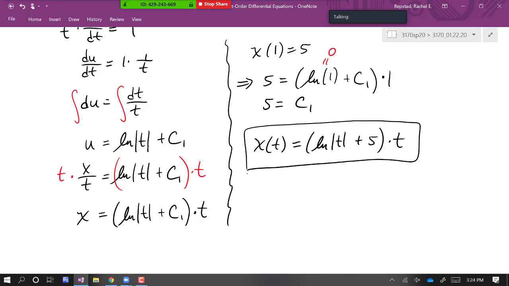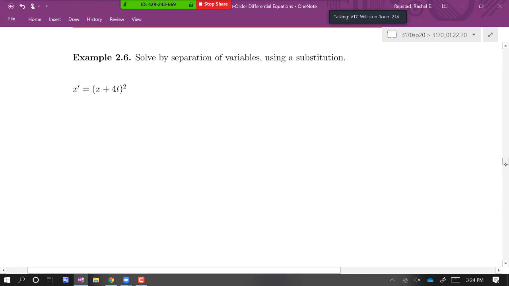Okay. We're going to do one more today that requires a substitution. This time they don't tell us what substitution to make, and this one's not an initial value problem, so we're just going to find a general solution. We're starting out with dx dt is equal to x plus 4t squared.